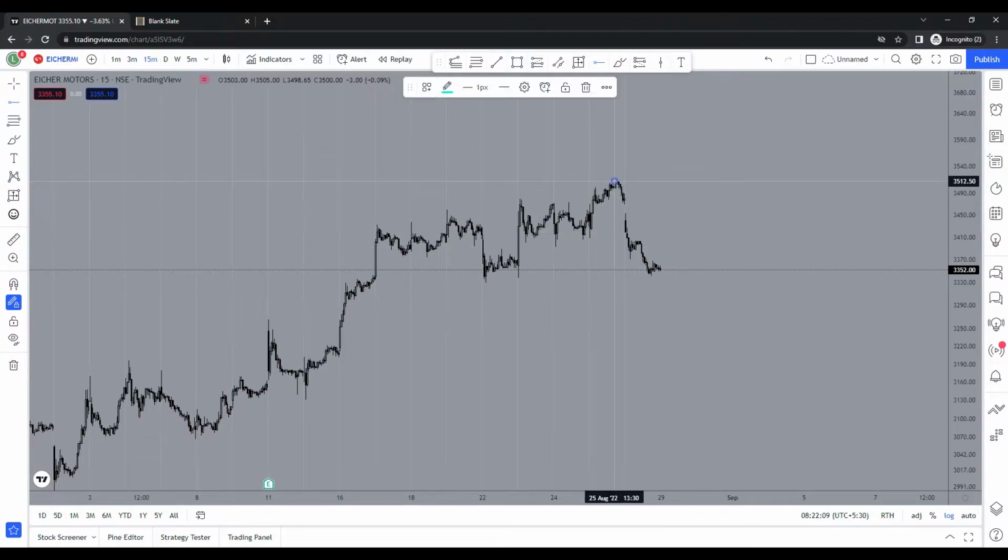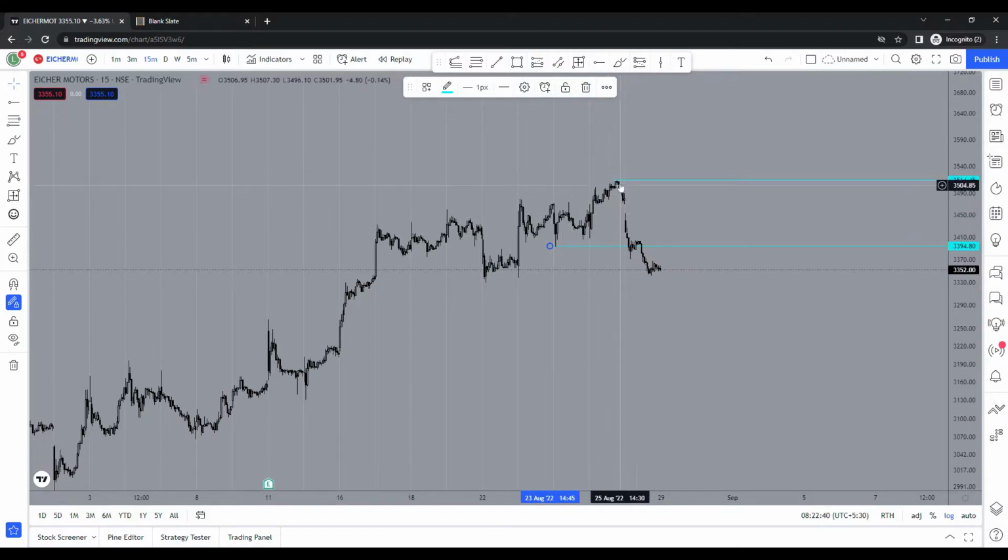So as you can see, this is the highest point, and what led to this highest point, I mean, which swing low opened this price high point. So you can see that this was the recent swing low which led to this particular price high.